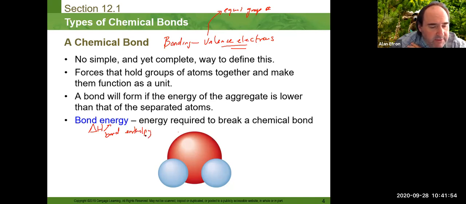It's basically the energy required either to make a bond or break a bond. When we have a bond together and we want to break it, we do need to put energy in. When it gains energy, it will be able to break apart. So typically when we break a bond, it's an endothermic process.